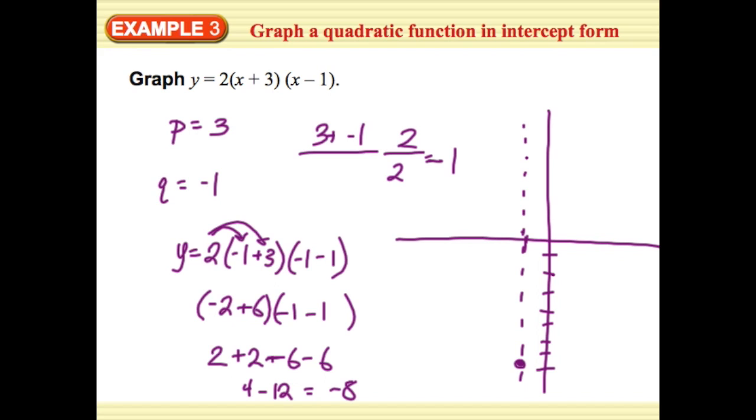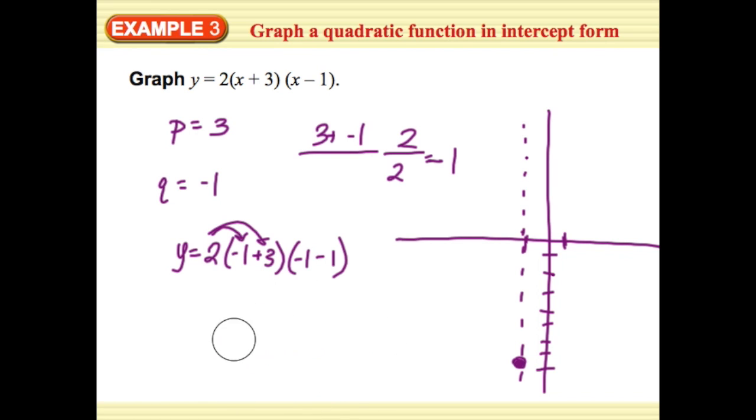There we go. So now I have a vertex point and I have an axis of symmetry, and I can continue to plot coordinates in order to figure this out. So maybe when x is 1, what would my y be? Well, when x is 1, I'm going to get 2(1 + 3)(1 - 1), and again continue to do first, outer, inner, and last. 2 minus 2, 6 minus 6.